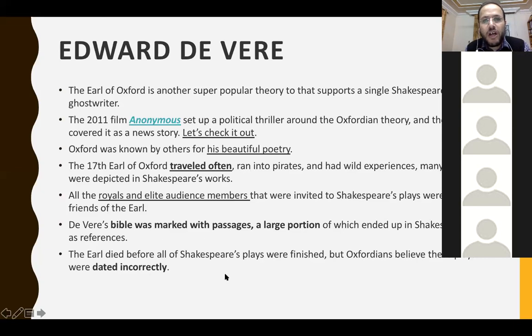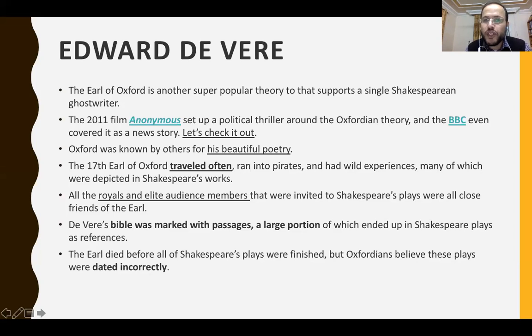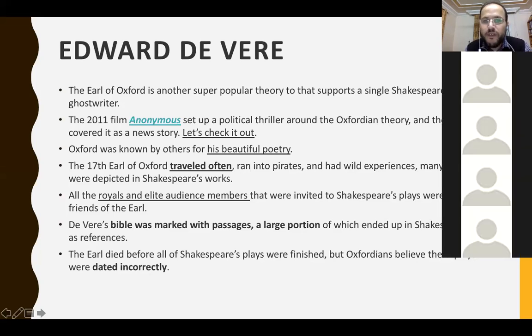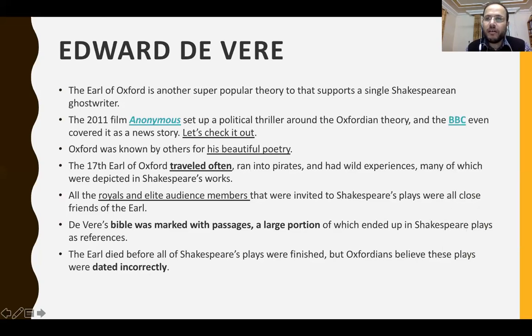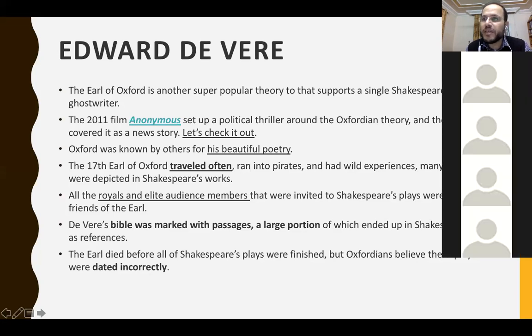So he traveled a lot, he ran into pirates, he had experiences, a lot of education, he was a royal family, he's familiar with the many things, because there's one thing that people say about Shakespeare, nobody depicts the royal family, the mentality, the queen, the king, the princess like Shakespeare does.